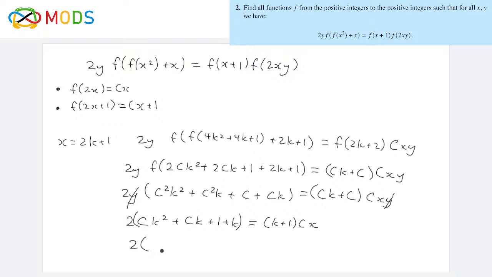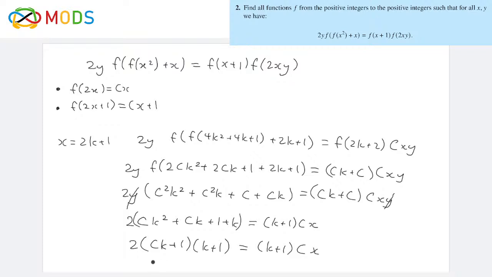So it becomes 2 of c... Wait, hang on. How do you factorize this? ck plus 1. I think k plus 1, right? Oh, ck plus 1, yeah. ck plus 1 times k plus 1 equals k plus 1 times cx.